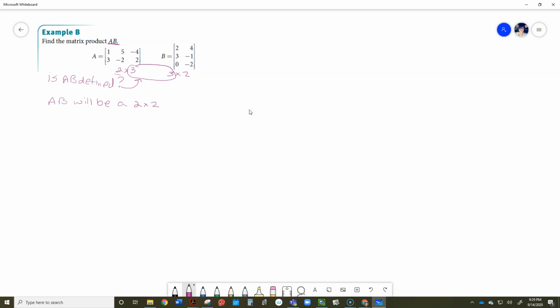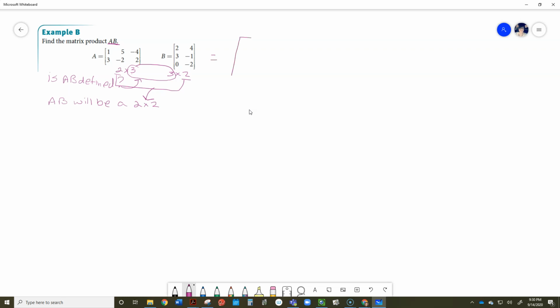How do we know it's a 2 by 2? Because those two numbers right there tell me the size of the product matrix. Okay, so yes, I can, and that's the size. So now what I'm going to do is I'm going to write over here, and I'm going to make it big.